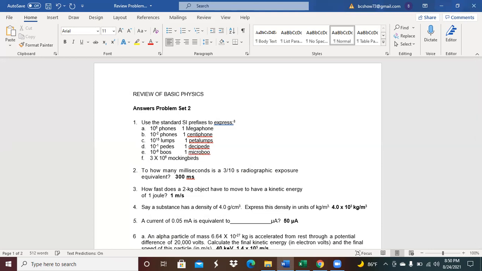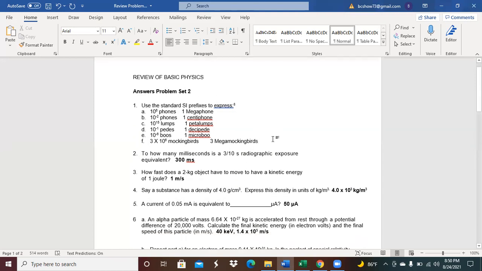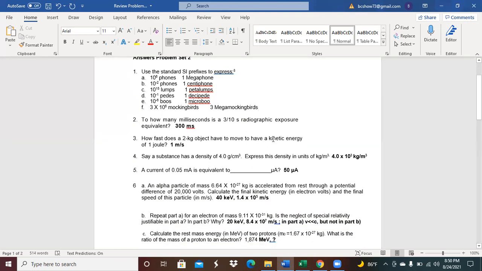Let's say here we have 3 times 10 to the 6 mockingbirds, where we already looked up that 10 to the 6 phones is 1 megaphone. So 3 times 10 to the 6th will be 3 megamockingbirds. All right. So you get the general idea there.